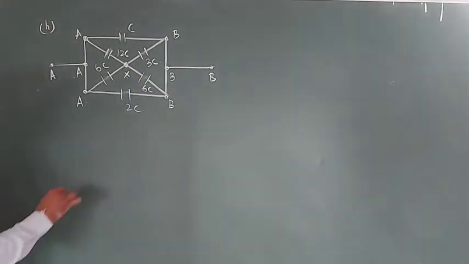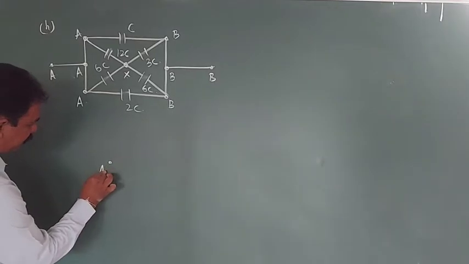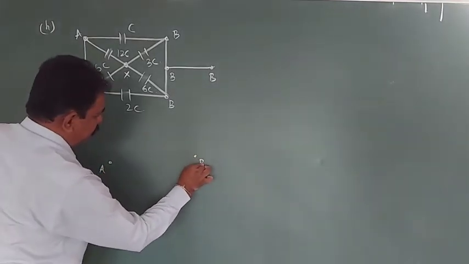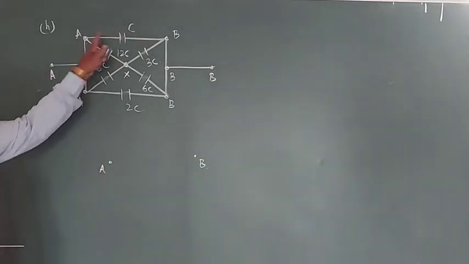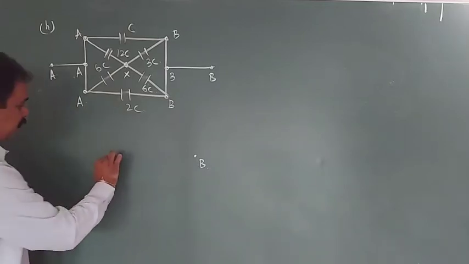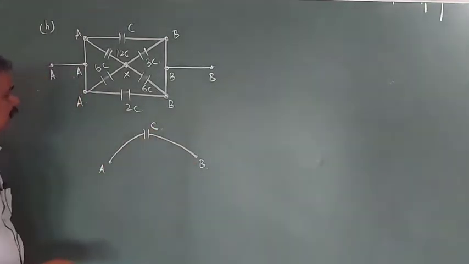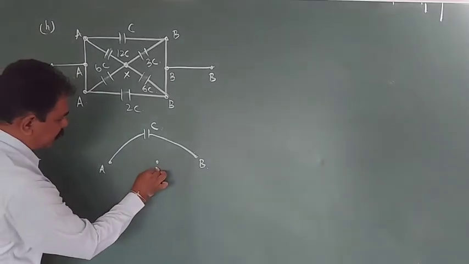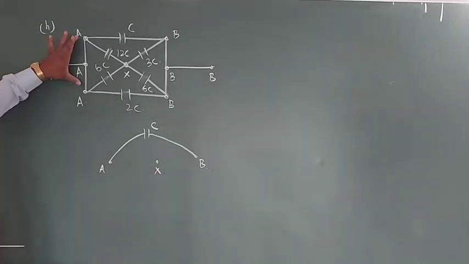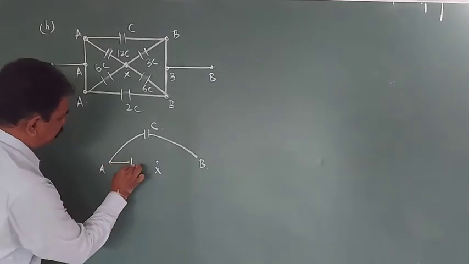So if we redraw the circuit, here A, here B, between A and B, C is there. Here X is there. So from A to X, two capacitors. How are these there?